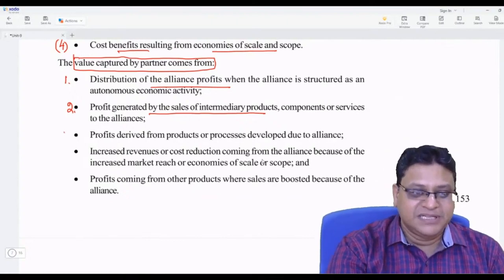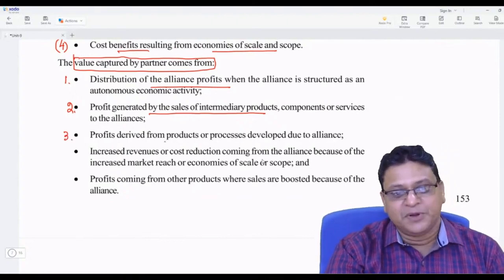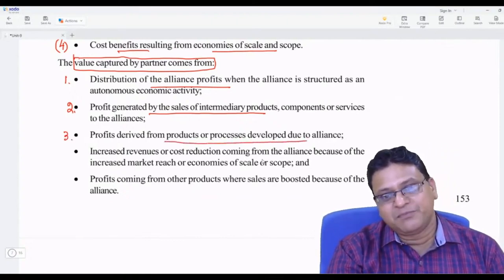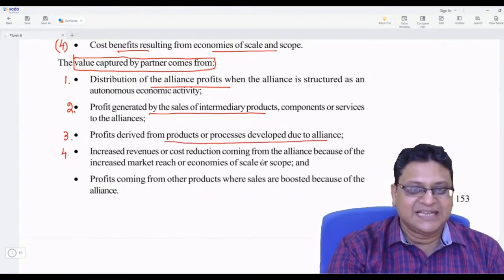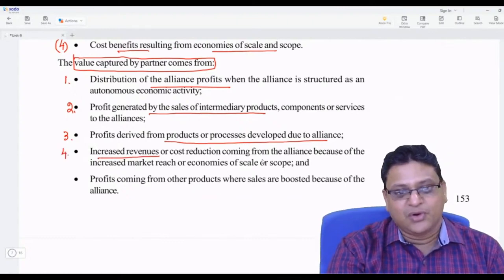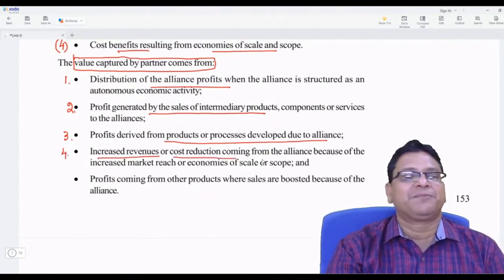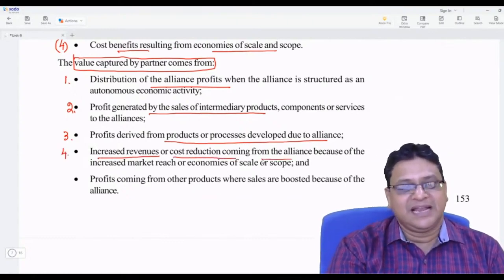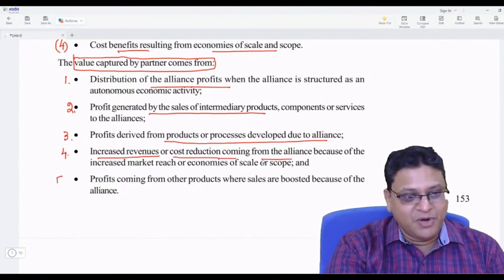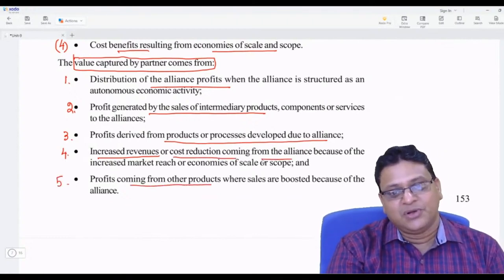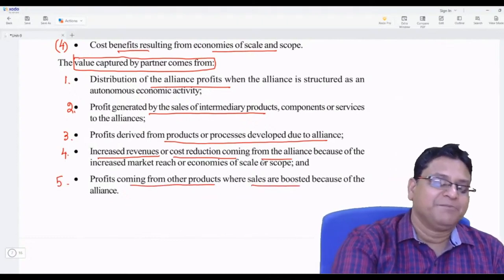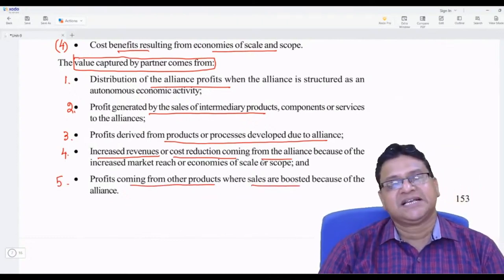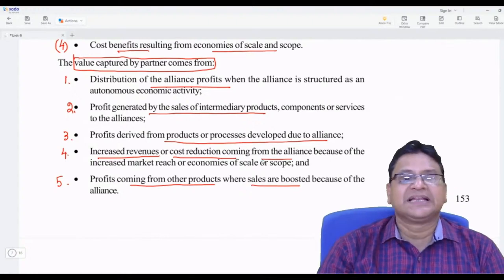that is value captured by partners. Next, profit derived from product or process developed due to alliance. Then increased revenue or cost reduction coming from alliance. Then profit coming from other products where sales are boosted because of alliance. Because of alliance, your name and fame increases.